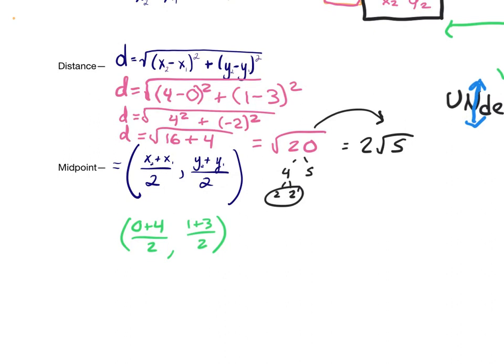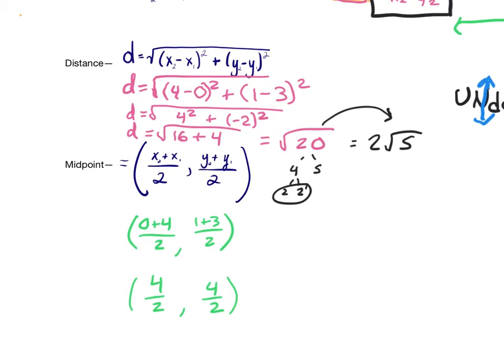So to simplify this, we have 4 over 2 and 4 over 2. 4 over 2 would be 2, so our midpoint would be 2, 2.